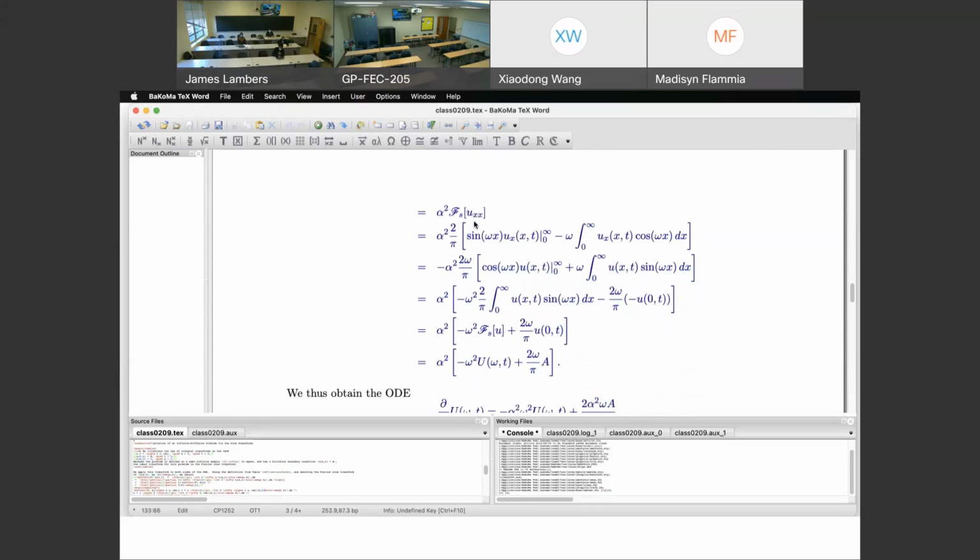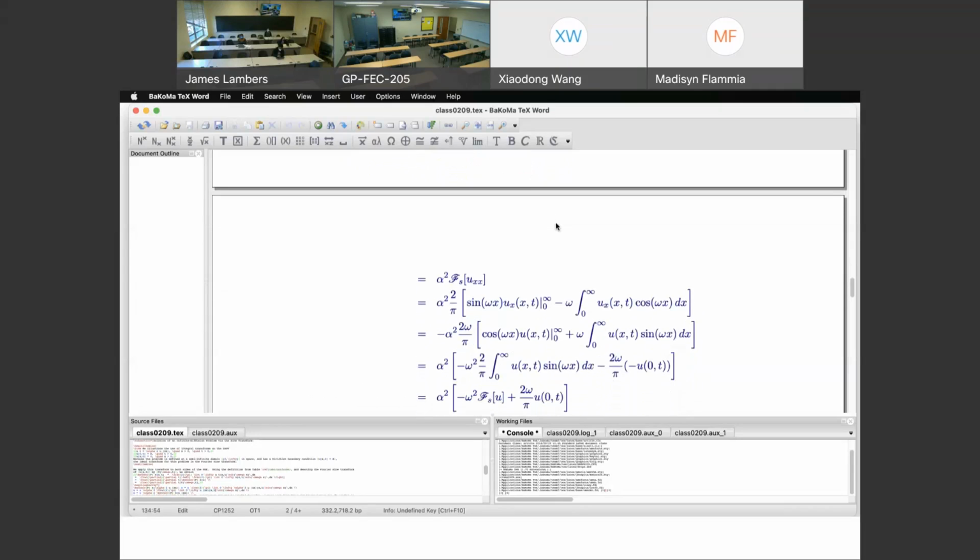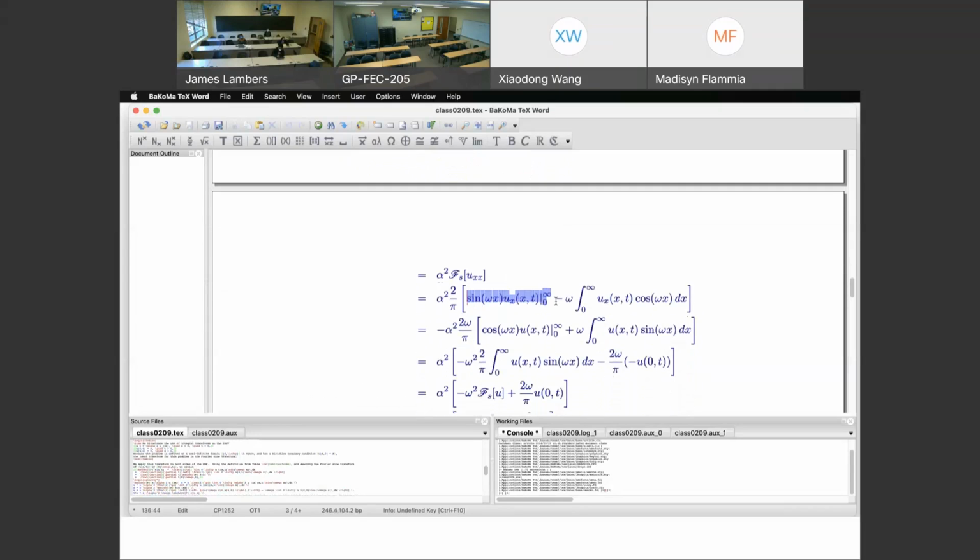So what I do is I carry out integration by parts. When I carry out integration by parts on this integral, where uxx is considered the dv, and then sine omega x is considered the u, then this is what I get.